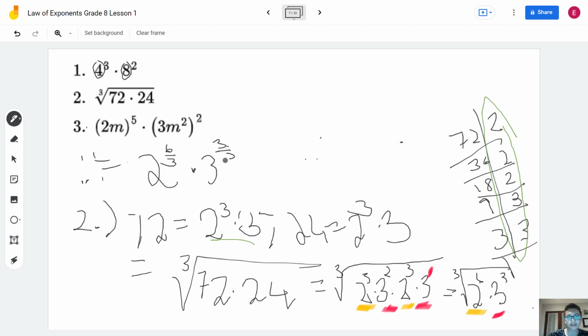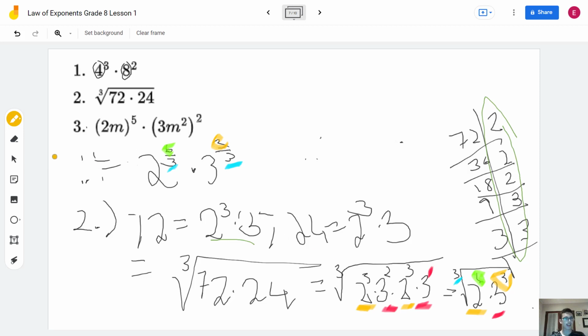Okay, because if you take note, that's the cube root. And the 6 comes from here, and the 3 comes from here.